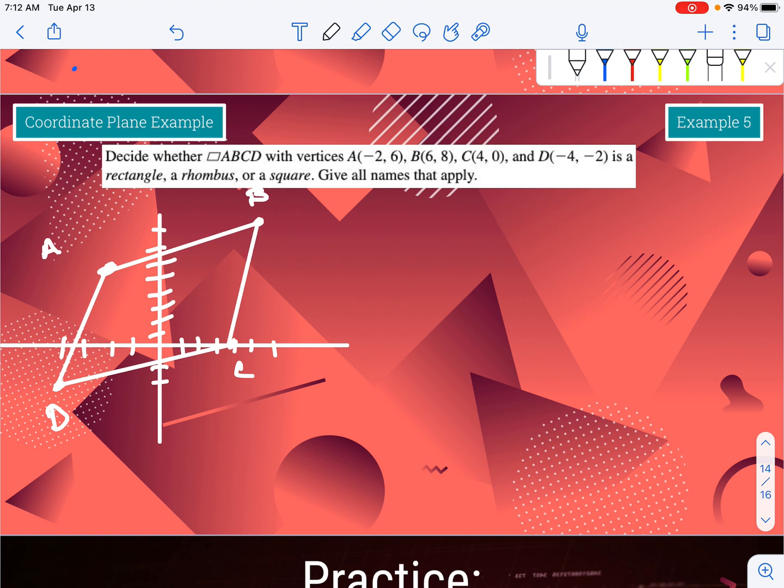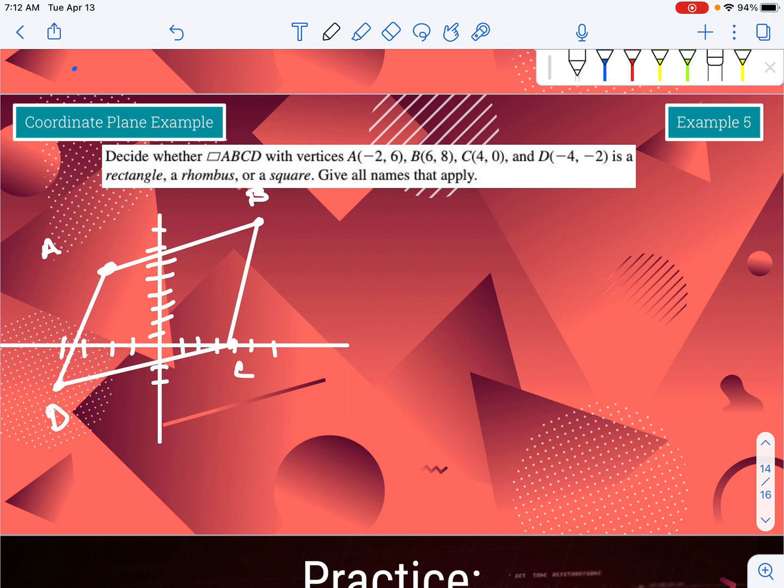Now, right away, when we look at the coordinate plane, we know that we cannot determine what angle measures are. So we can't just look at this and see if that is a right angle or not. So when we are determining what shape this is, we need to be using the sides, and that probably will come down to the distance formula.